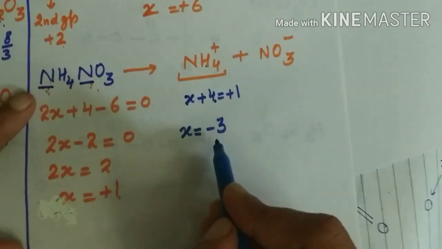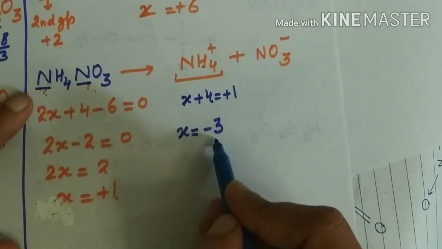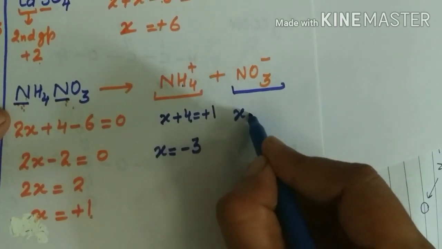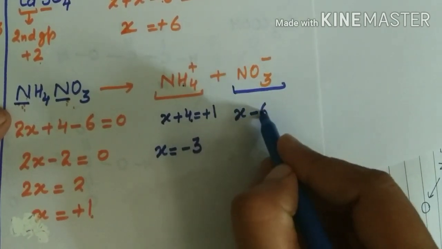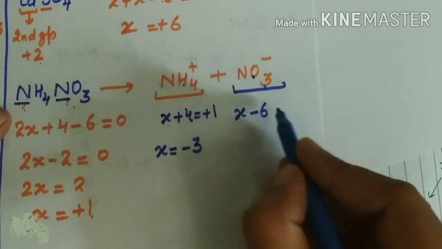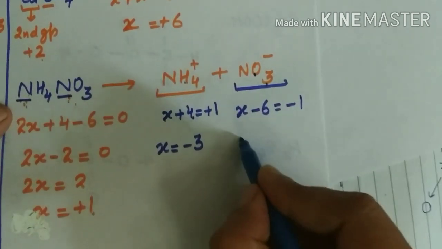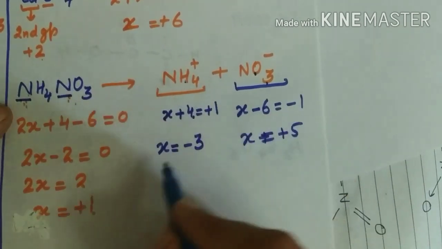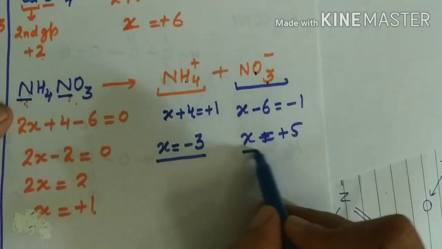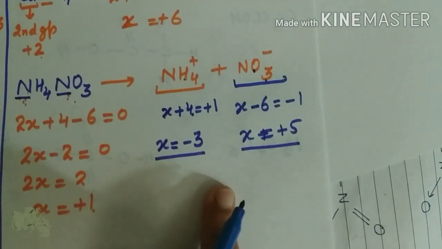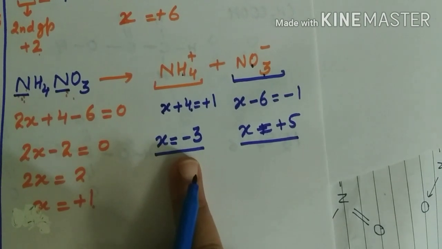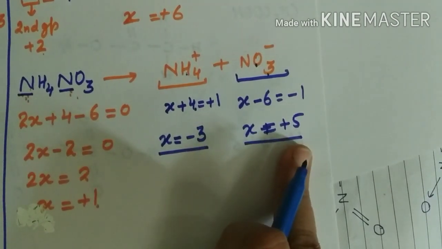So this nitrogen has an oxidation state of -3. Now in NO3-, X minus 6, as oxygen has a -2 oxidation state, is equal to -1, or X is equal to +5. So the different atoms have different oxidation states: one has -3 and the other has +5.